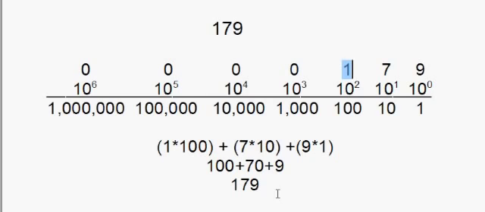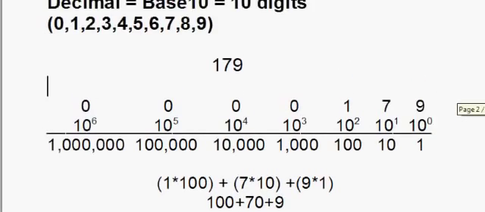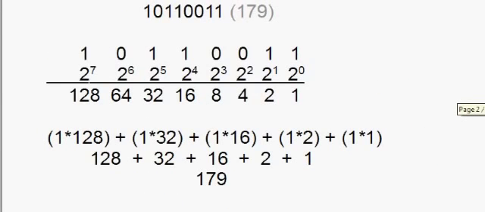Of course, we learn this when we're very young, so we just accept it. It's a 1 in the hundreds place, 7 in the tens place, and 9 in the ones place, which means 1 hundred, 7 tens, and 9 ones, right? 179. Well, in binary, it's a little bit different.